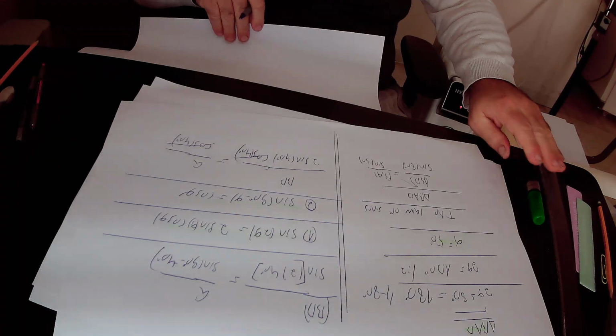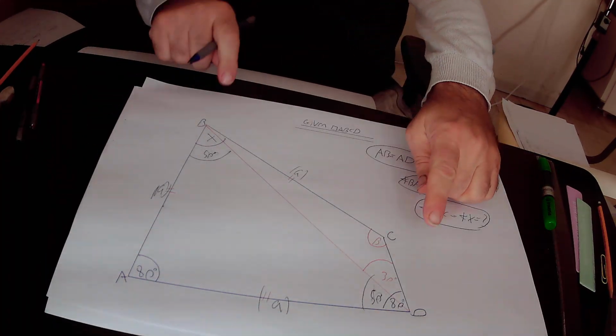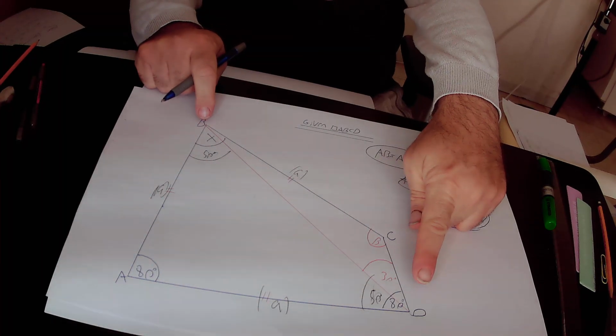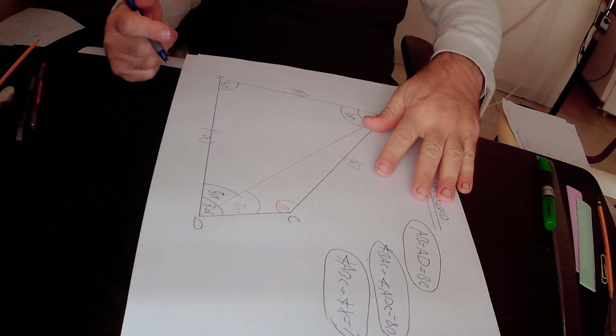So this is the missing side BD, which equals 2A times sine 40 degrees in its length. So write it down.